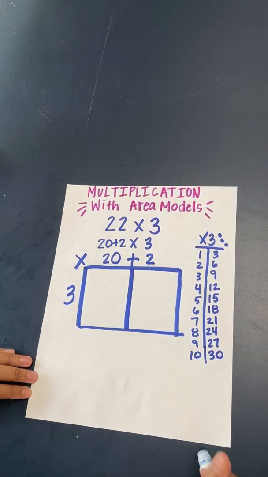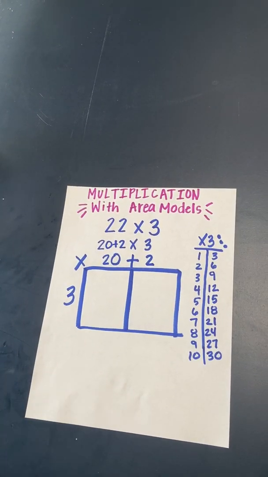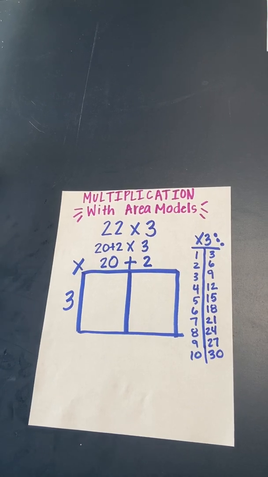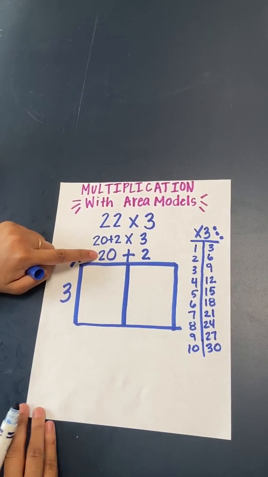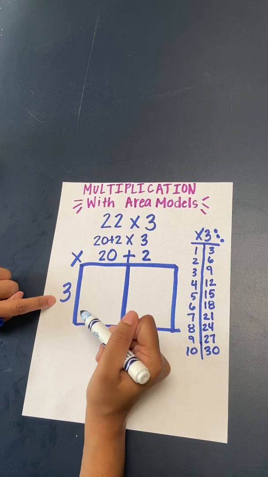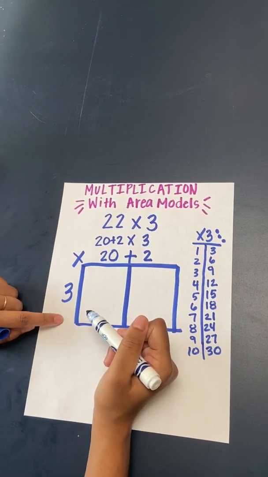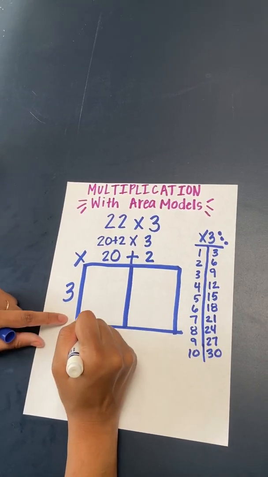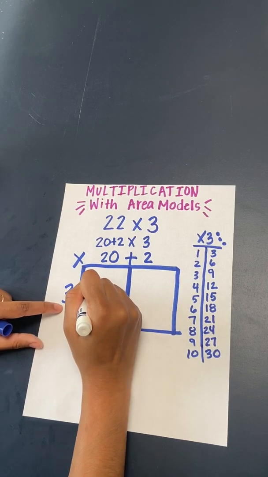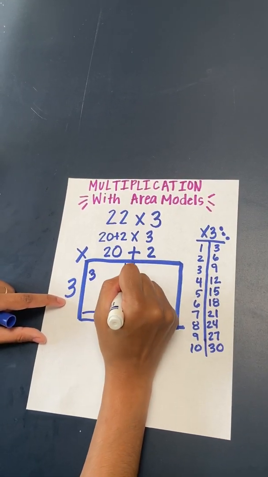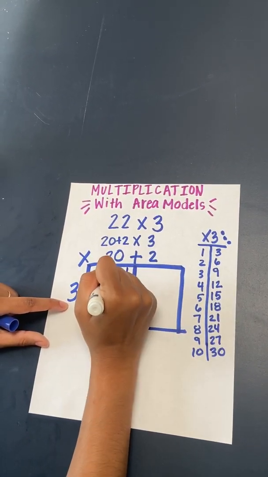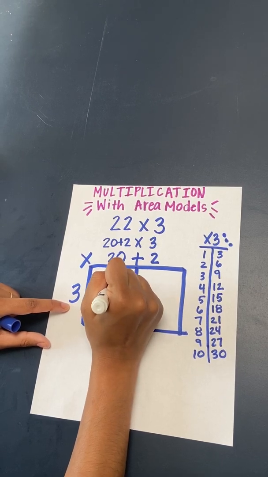So now that that's done, I can start solving my problem. And I have the numbers 20 times 3. So you can think of this like a car. I drive across the street, so bring my 3 over, and I go down the street times 20.